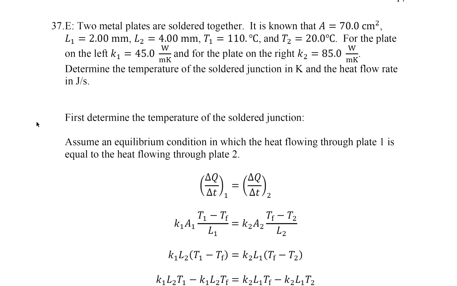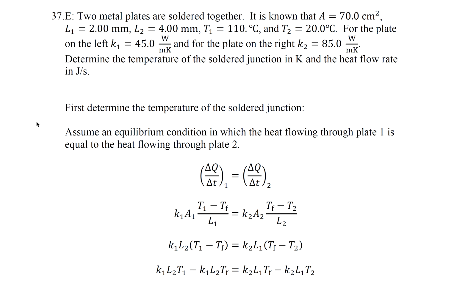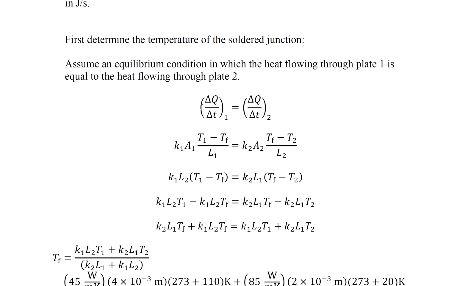First, determine the temperature of the soldered junction. Assume an equilibrium condition in which the heat flowing through plate 1 is equal to the heat flowing through plate 2. So we have this condition here.